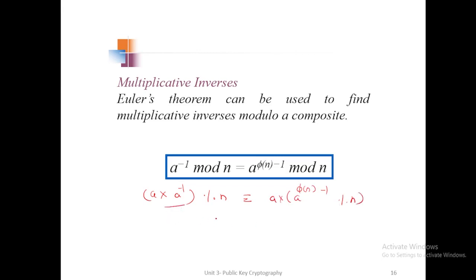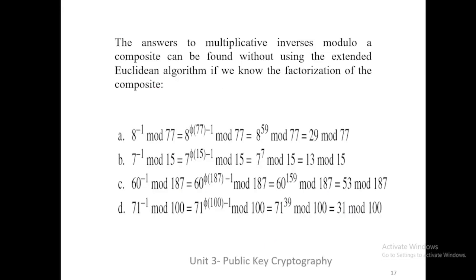So the answer for the left side is 1, that should be equivalent to a into a power phi of n minus 1, which is a power phi of n mod n. So by applying version 1, the answer is 1. So the LHS and RHS values are equal. In this way, we are able to calculate the inverse value of the given number also.